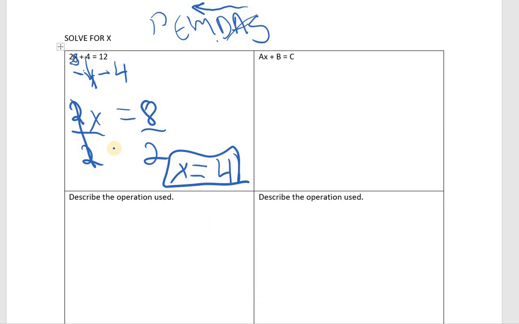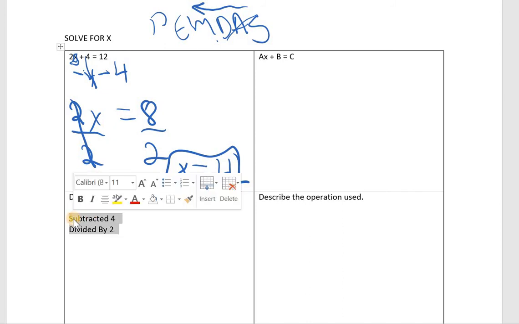All right, so describe the operations used. So what we did was we subtracted 4 and then divided by 2.